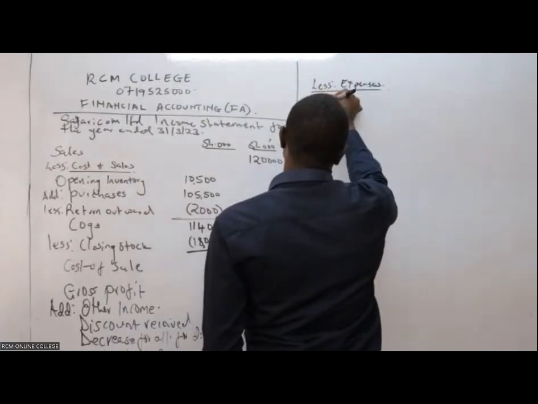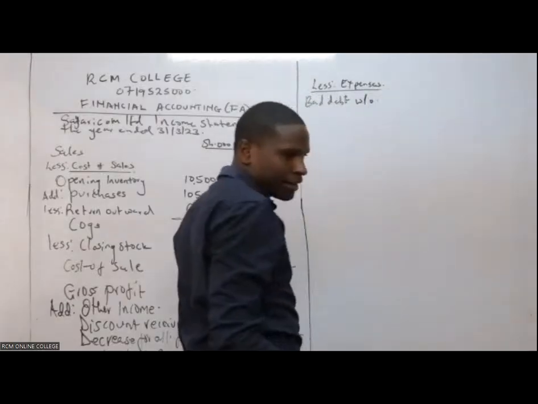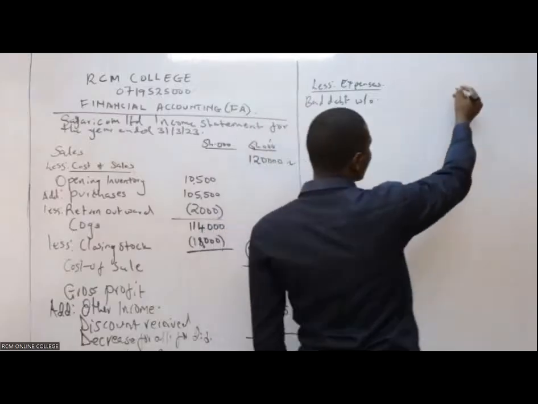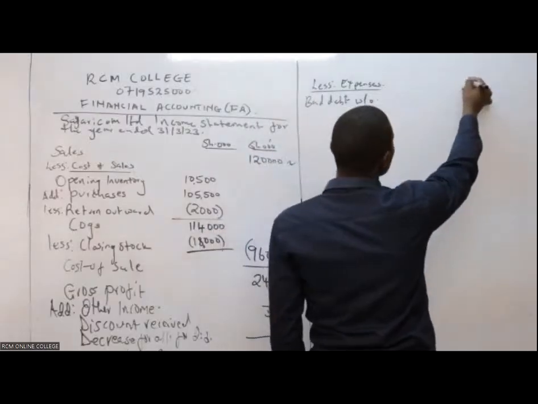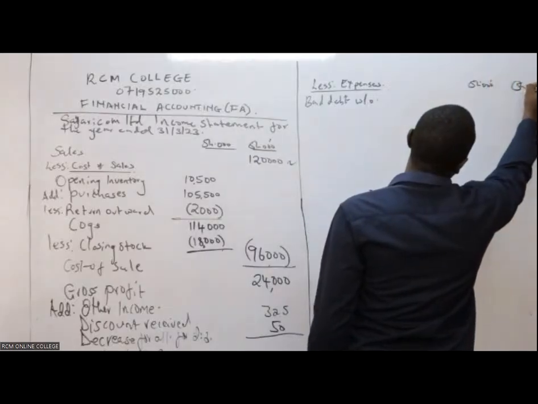Tuko na bad debt written off. So what's the total here? My shillings are in 1,000.